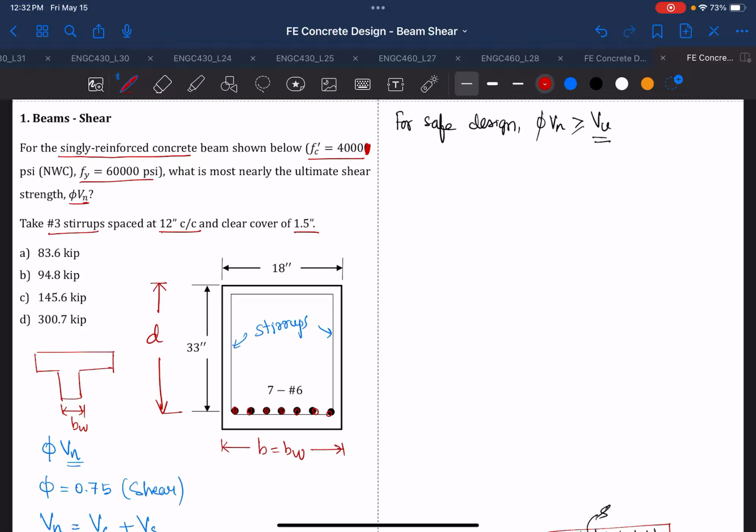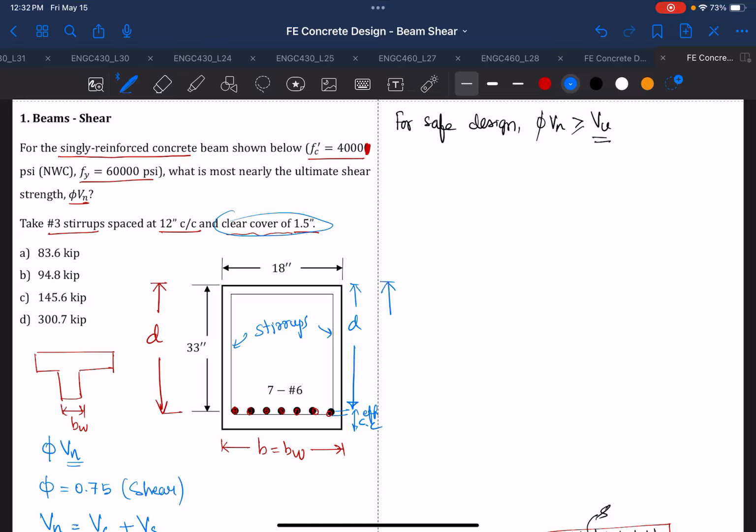Sometimes you can have additional information which is not relevant for our calculation, but in case you need to find effective depth, then this clear cover is important, because effective depth is clear cover plus the CG distance, and then you take the total height minus this effective clear cover to get effective depth d.